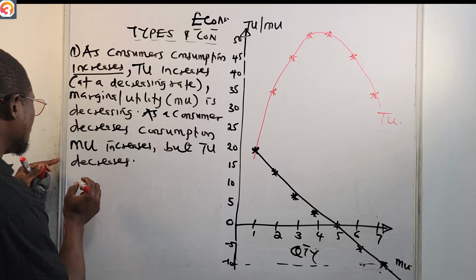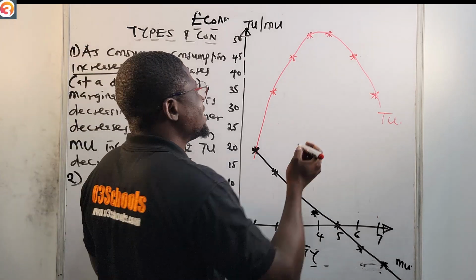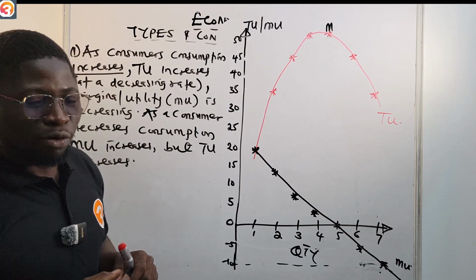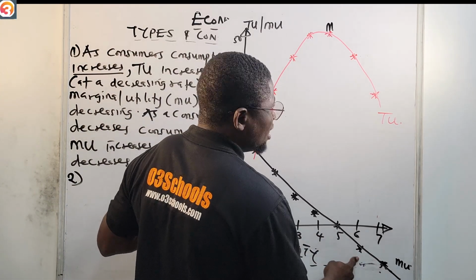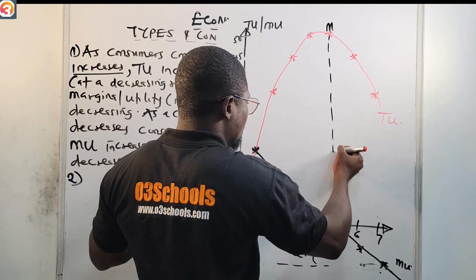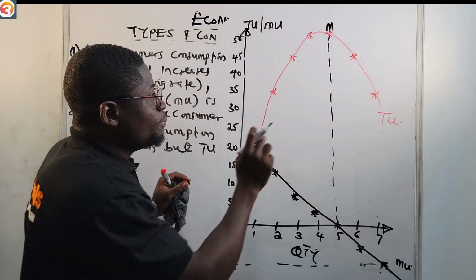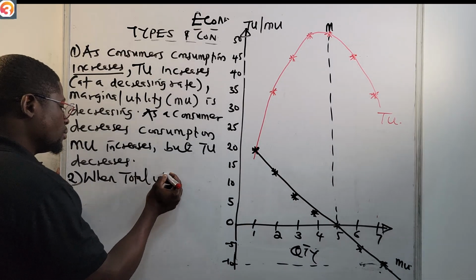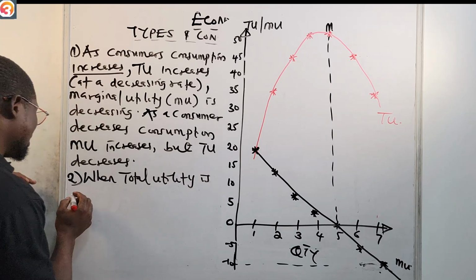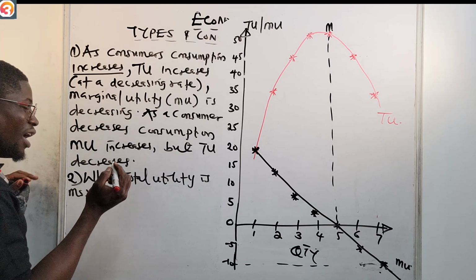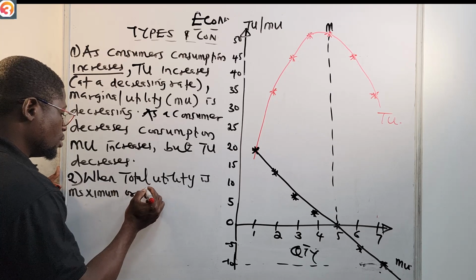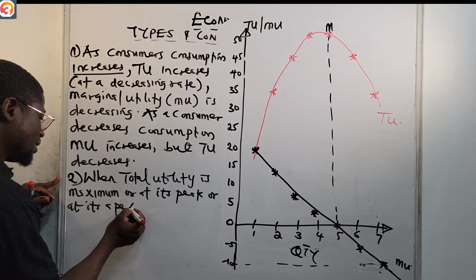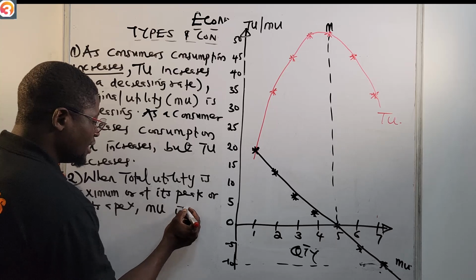Now, number two, another thing you should take note of is that when total utility is at its maximum, what happens to the marginal utility? Marginal utility is zero. Trace it down. You see that when total utility is maximum, or at its peak, or at its apex, marginal utility is zero.